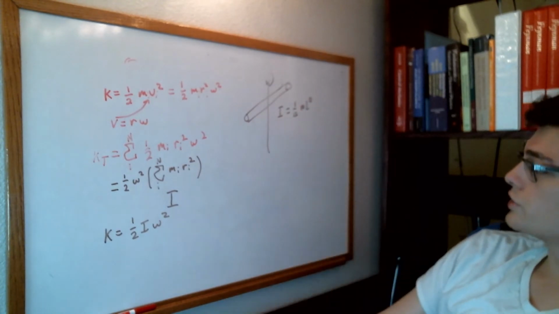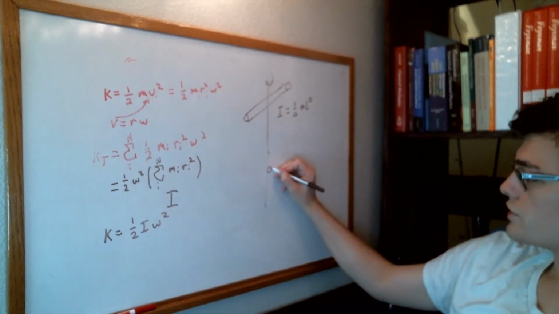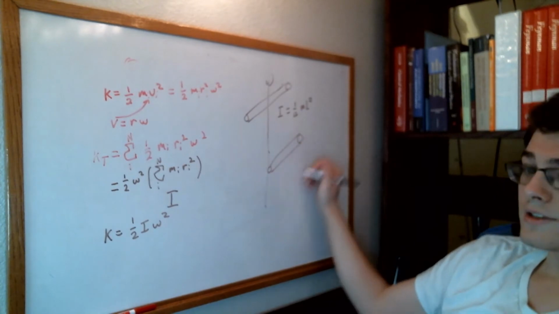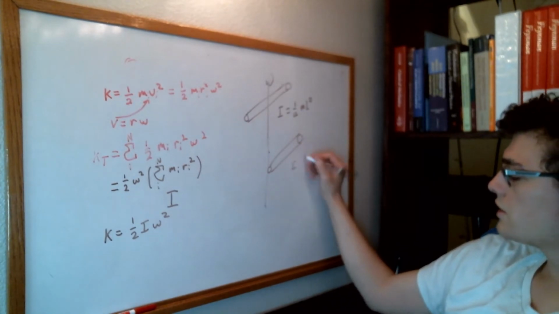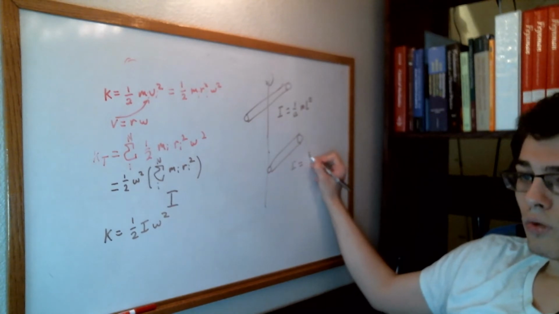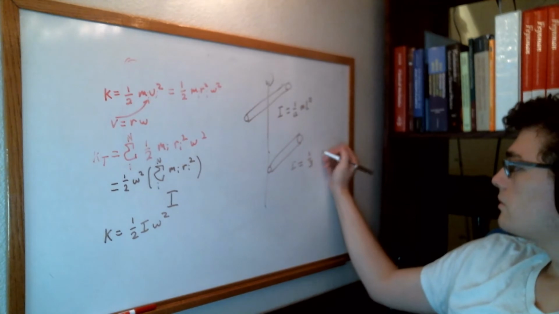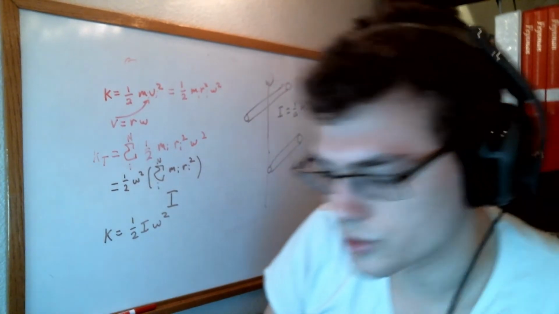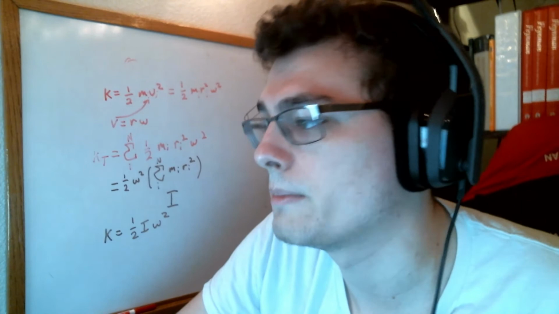But if we were to shift this axis and take this rod about one of its ends, we would say that I is equal to 1/3 ml squared.